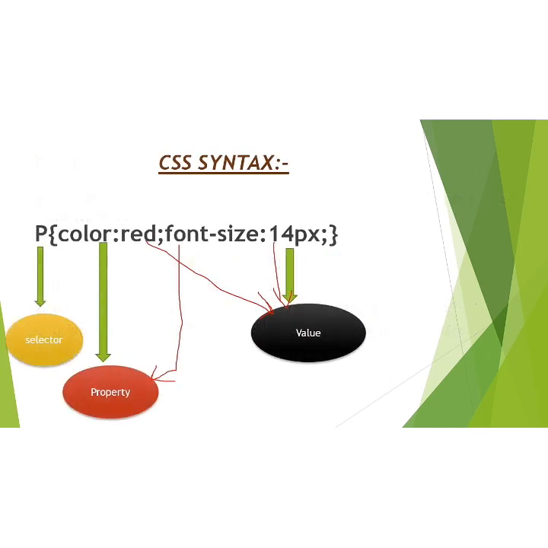Now, let us understand the syntax of CSS. What is syntax? Set of rules that will help to write the code in the CSS. See here, P is written, color red, font size 14. P is what? Selector. The portion of the document you are selecting.